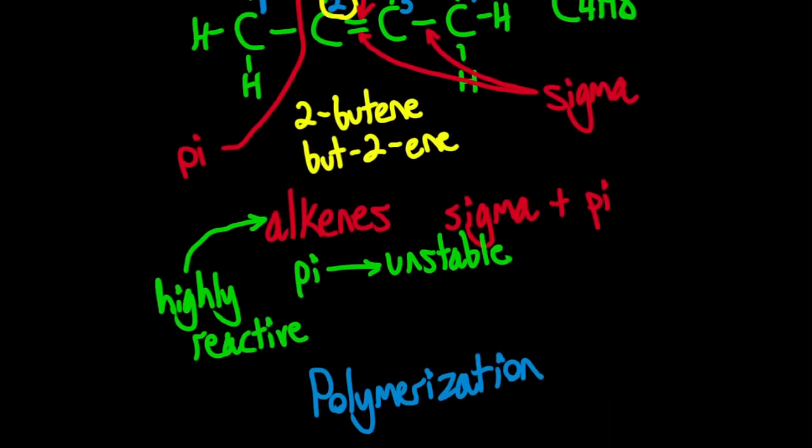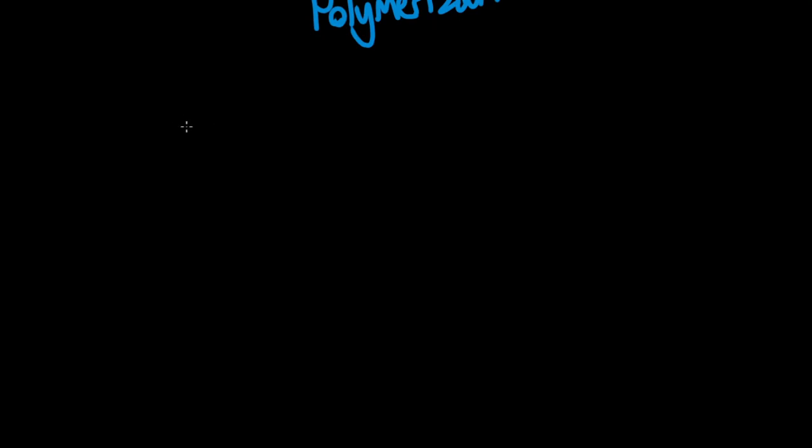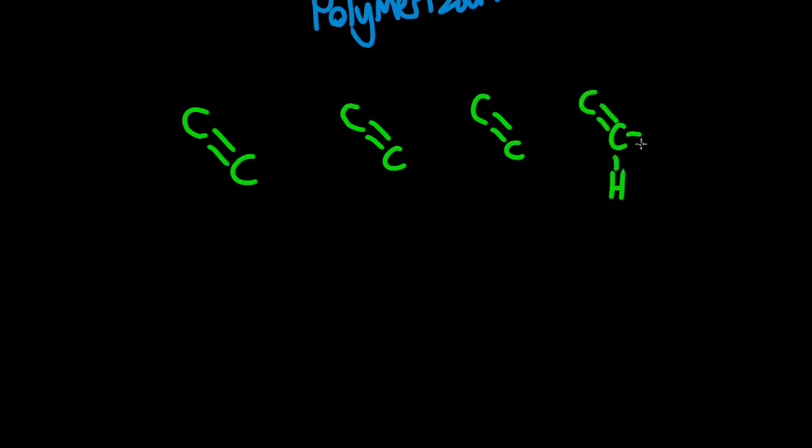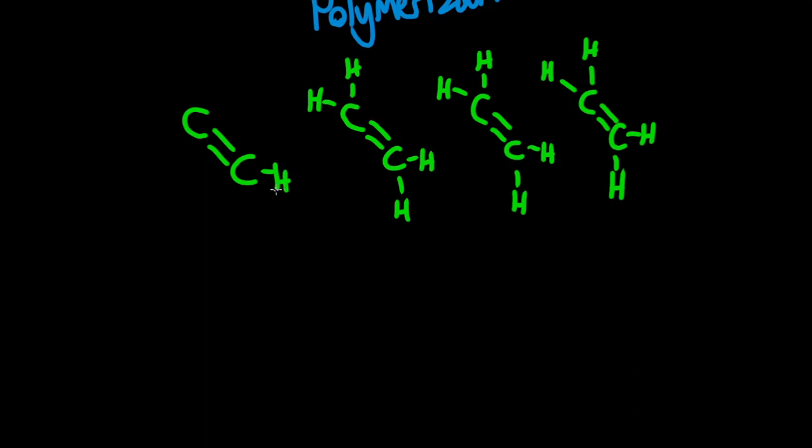Here, I'll draw it out for you guys. So, polymerization. Polymerization is if I have multiple ethylene molecules, and I'm just going to draw in my hydrogens. So, if I have a polymerization reaction, essentially what happens is that pi bond, that really unstable pi bond, the second group of electrons in my double bond, okay?